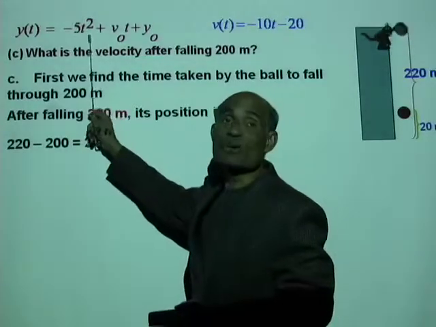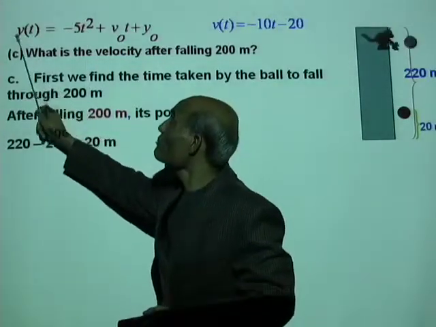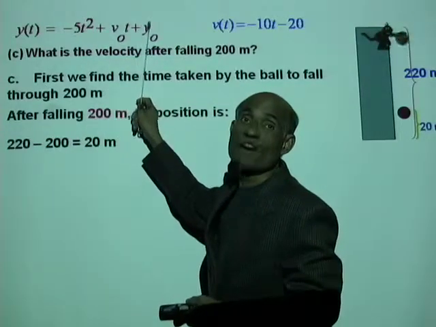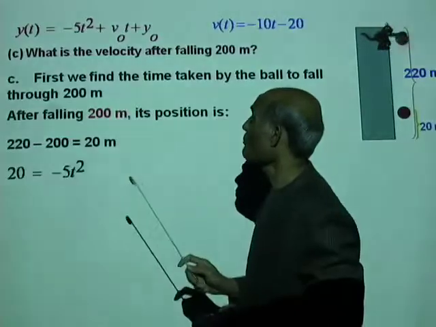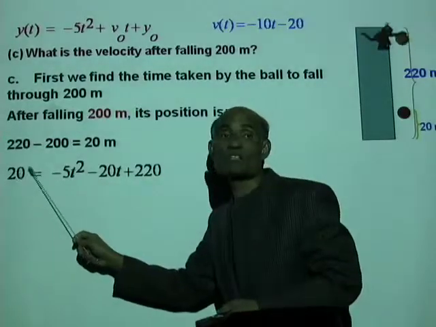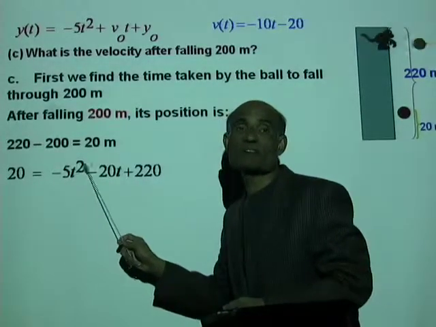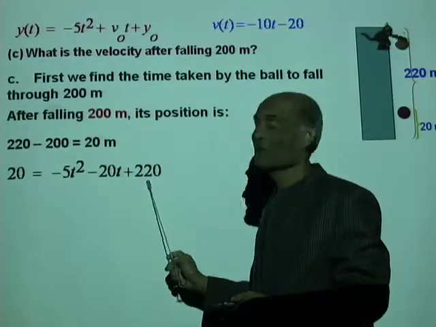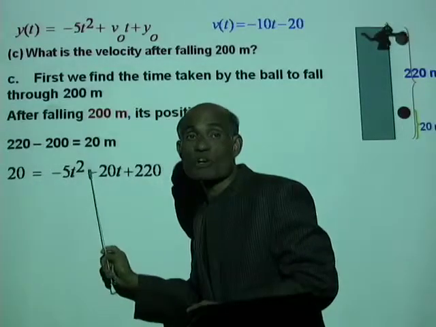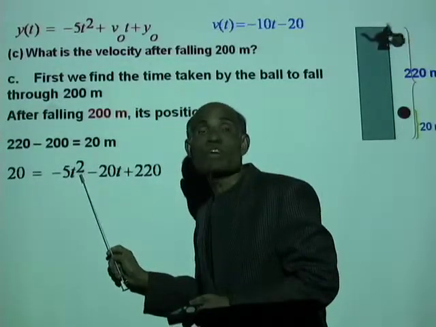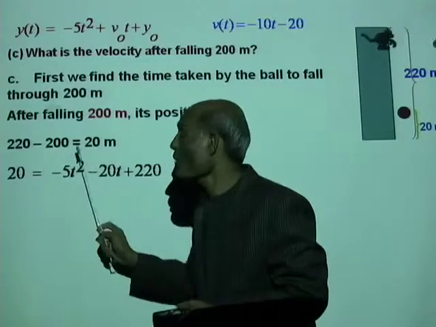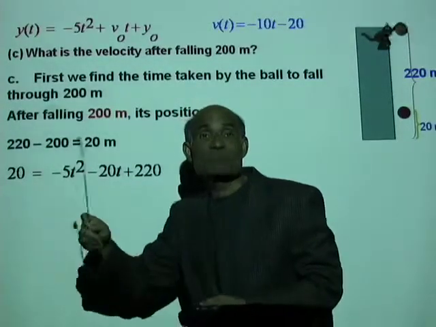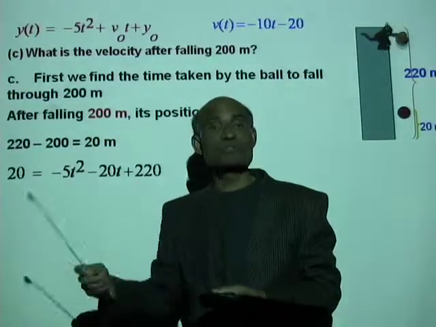That means in this equation, if you replace y by 20, we know v0, we know y0, then solve for t. We get 20 equals negative 5t squared minus 20t plus 220. If you solve this equation for t, that will give you the time for the ball to be at y equal to 20, that means the time taken by the ball to fall through 200 meters.